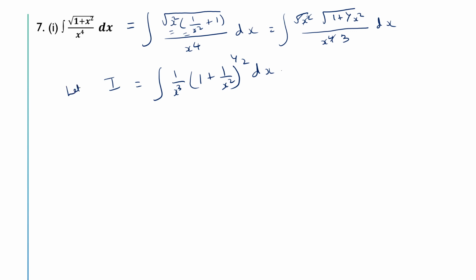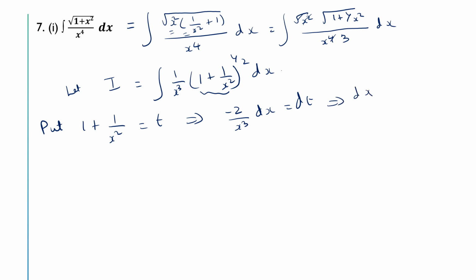Now we can substitute t as 1 plus 1 by x square. So put 1 plus 1 by x square equal to t. So when we differentiate both sides, we get minus 2 by x cube dx equal to dt, or dx by x cube is equal to minus half dt. So for 1 by x cube dx, we can put minus half dt, and for 1 plus 1 by x square we can put t.